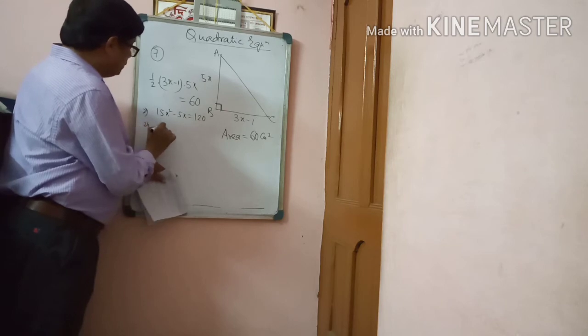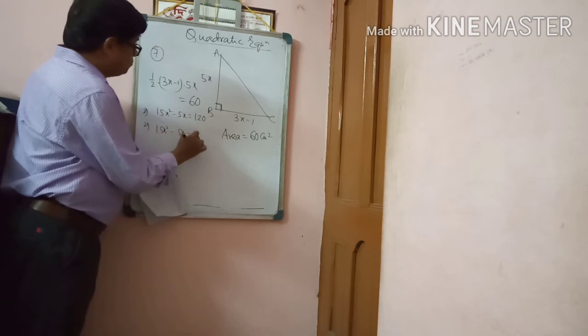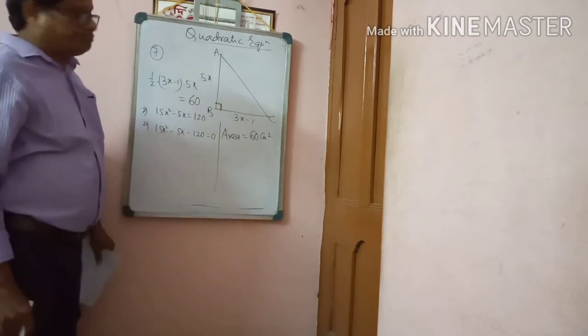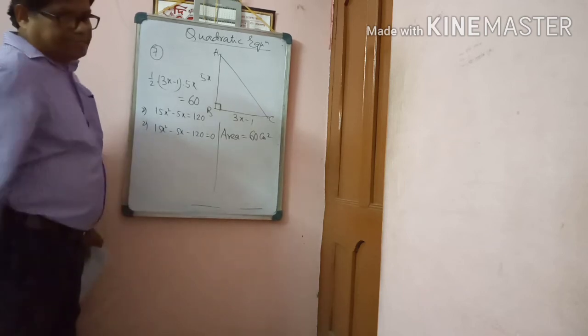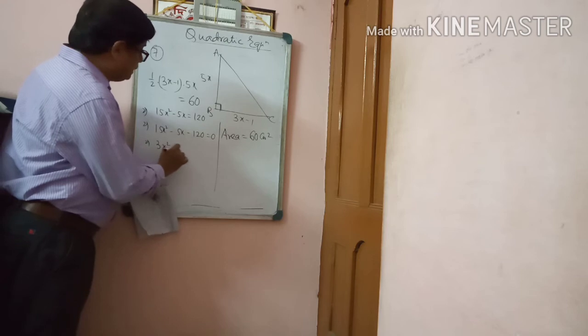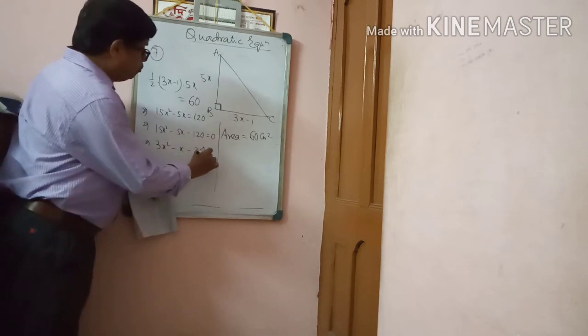So write 15x square minus 5x minus 120 equal to 0. Divide by 5 both the sides. So write 3x square minus x minus 24 equal to 0.